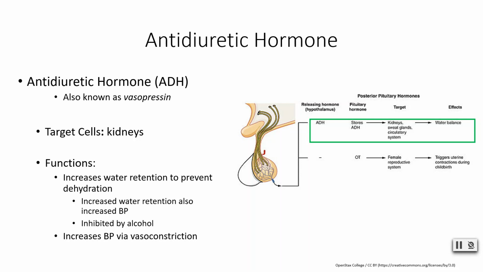The other function of ADH, it causes vasoconstriction, which also directly increases your blood pressure. We will mention ADH quite a few times in several different body systems. So this is definitely one to put a star by and make sure that you have mastered the functions of this hormone.